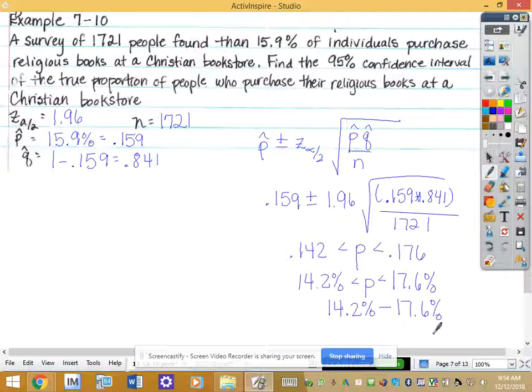Okay? All right. As we go on through, we're going to look at what happens if I am asked to find the number of things that we actually need for the sample. We will spend some time with that tomorrow, and actually go through examples 7-11 and 7-12 tomorrow.